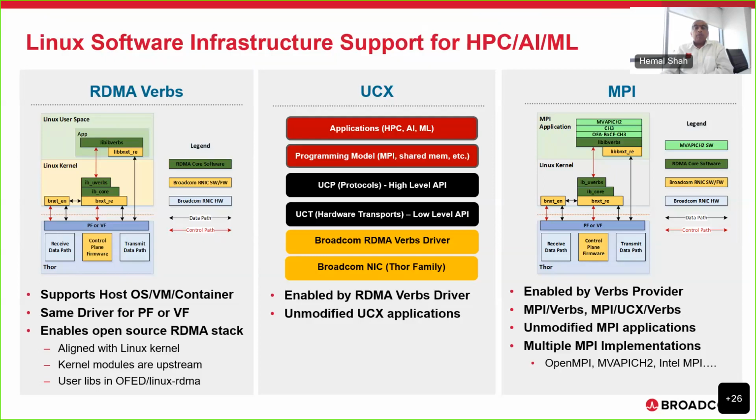So we do support multiple MPI implementations, including OpenMPI, MVAPICH2, as well as Intel MPI. And the philosophy here is basically to plug into the provider framework, and support either the direct verbs path, as well as the path where MPI is going over UCX.